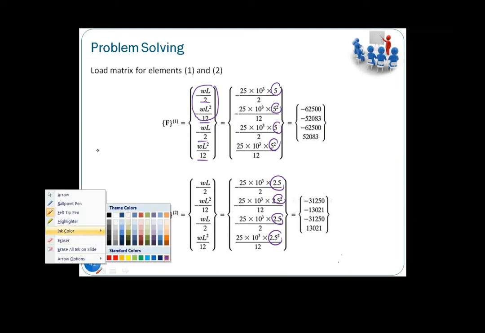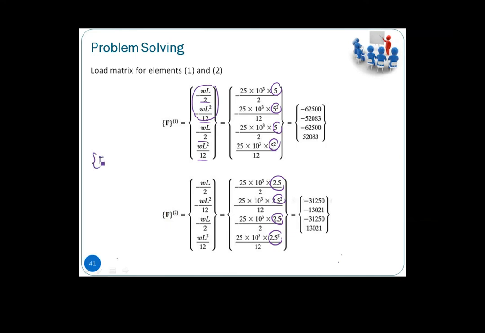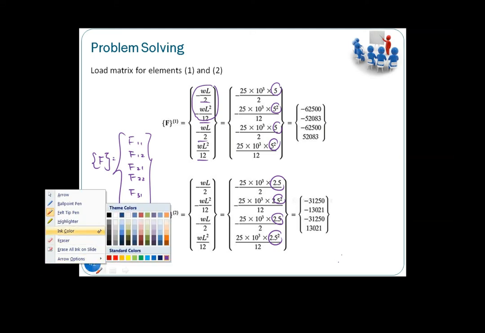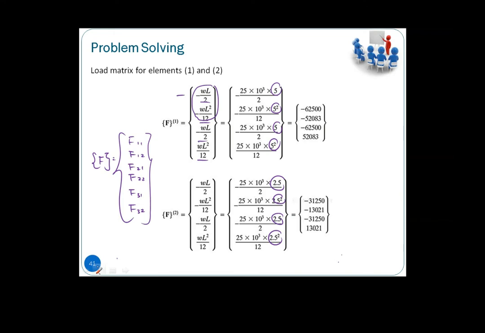Then we want to determine the full one, F equals F11, F12, F21, F22, F31, F32. Right? So i, j. Here, let me use a different color.